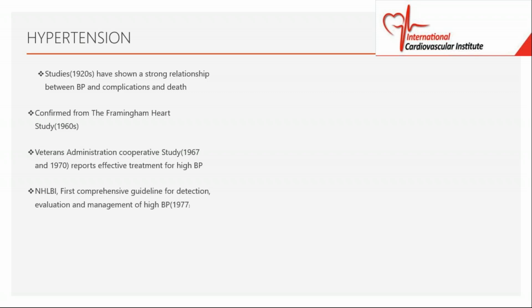And we even have the Framingham Offspring studies, which confirm a lot of this. The Veterans Administration Cooperative studies in 1967 and 1970 also showed the effectiveness of treating blood pressure. The National Heart, Lung, and Blood Institute did the first comprehensive guideline for detection, evaluation, and management of hypertension in 1977.